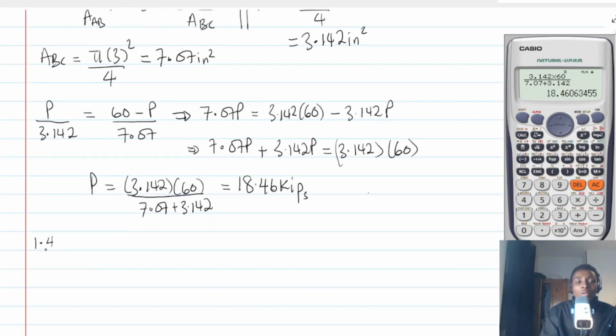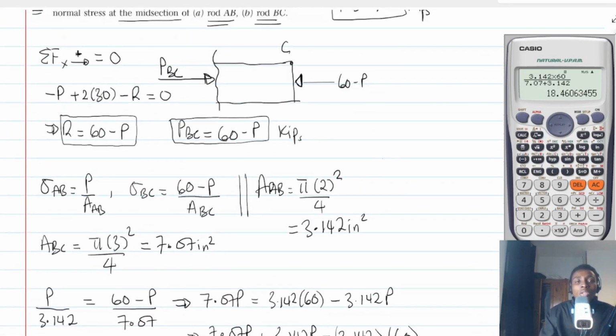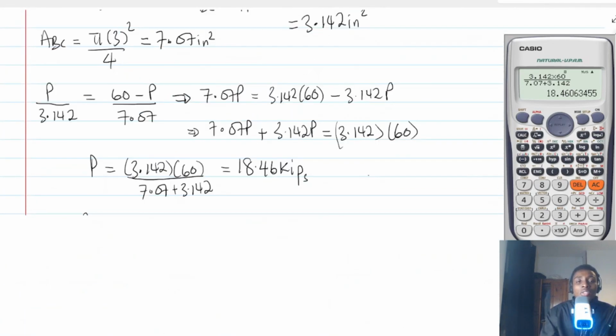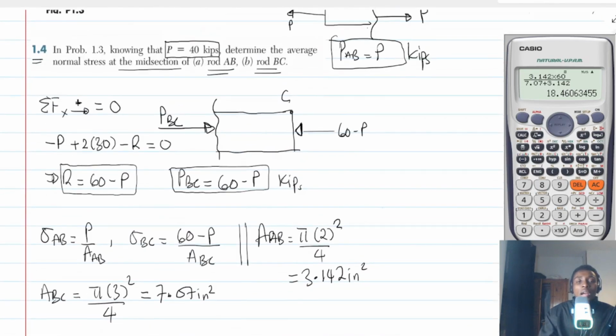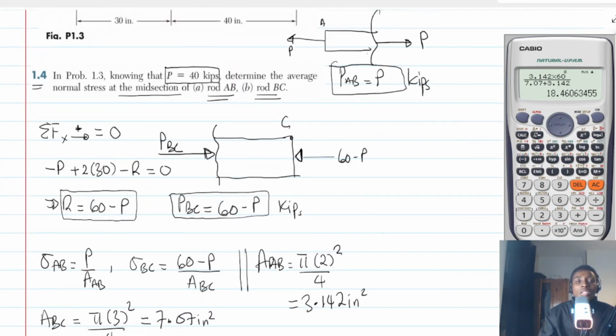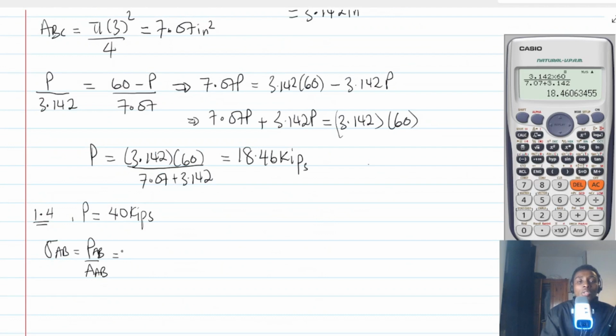So we are at 1.4. This time around, we know that P is 40 kip, right? Since we know P, we can go straight forward, because don't forget that the average normal stress in AB was the load over the area. Now, if P, which is the load in AB, is 40, then it's just a straightforward substitution.